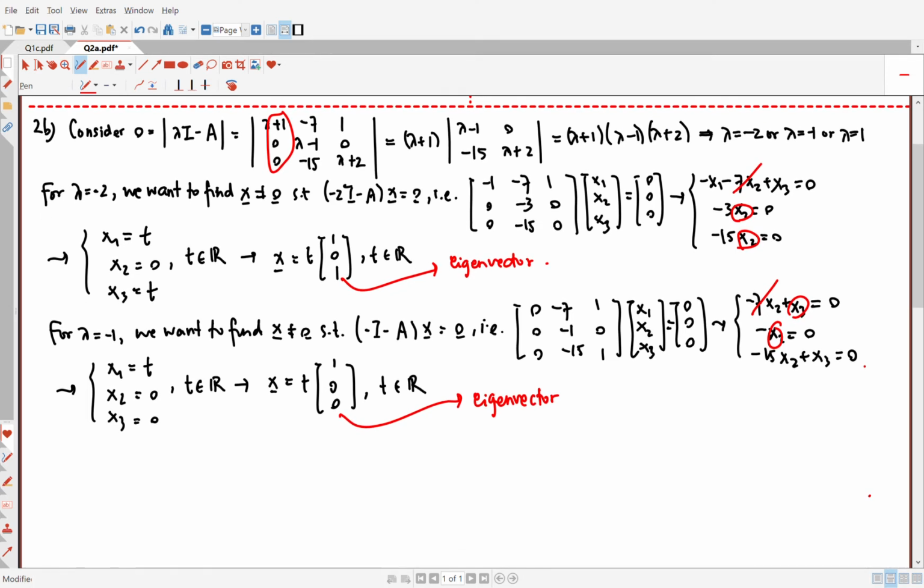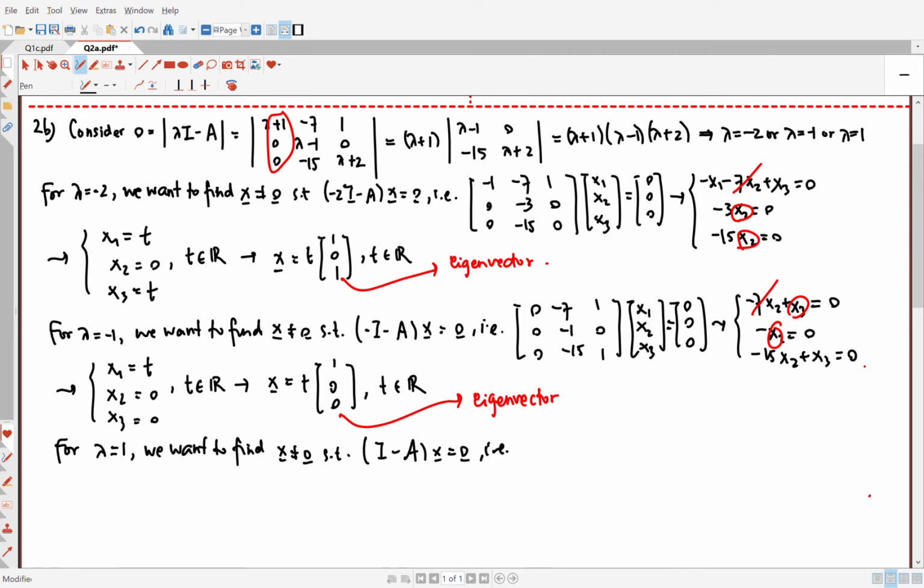Okay, last one. For lambda equal to 1, we do the same thing. We want to find x that is not 0, such that I minus A times x is equal to 0.